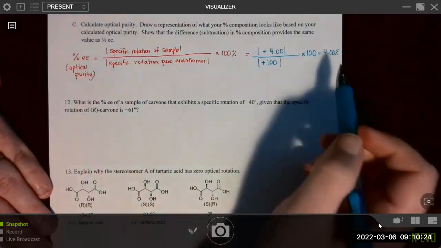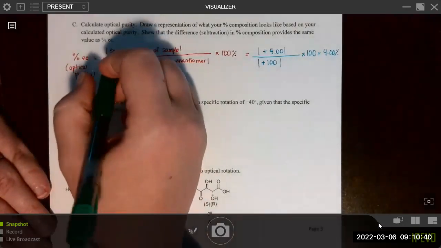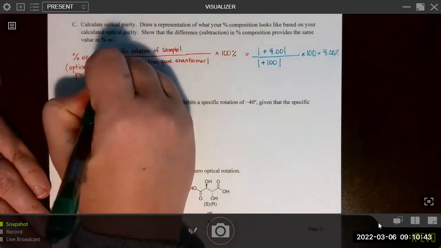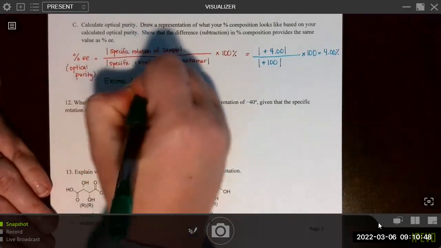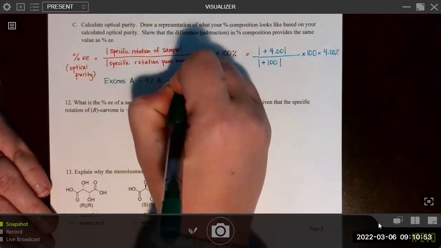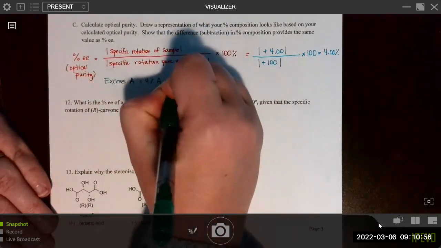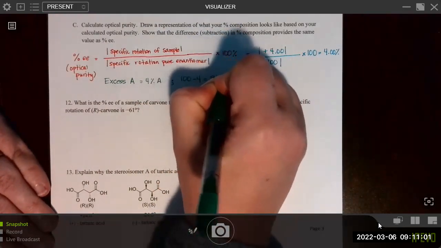So that is not very much excess compared to 100%. So what we can do in order to figure out how much of A we have and how much of B we have in solution is, we know we had excess A, so we have our 4% A, and then 100 minus the percent EE is equal to 96%.